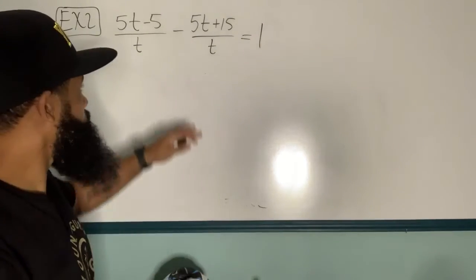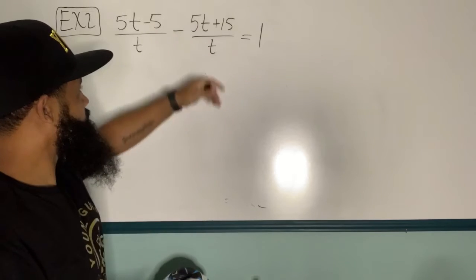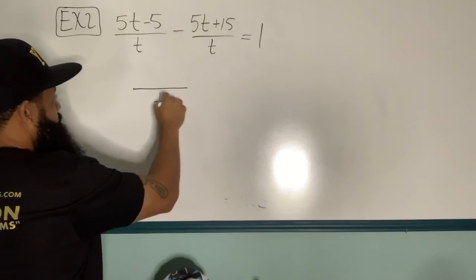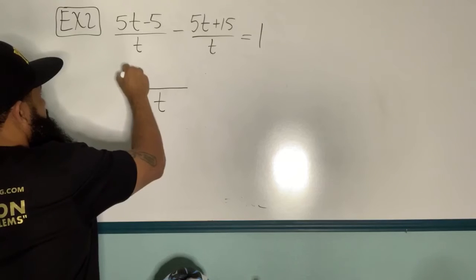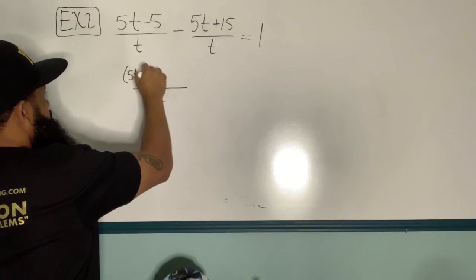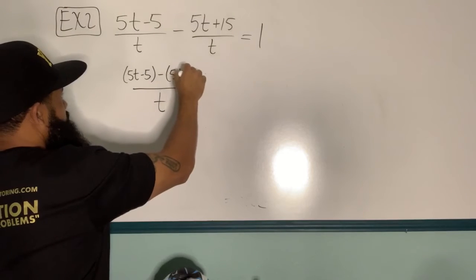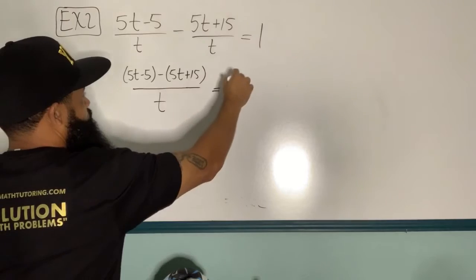All right, now notice these already have the same denominator, so we can go ahead and actually combine them. So I'm going to rewrite that like this. I'm going to put them over a common denominator of t, and then I'm just going to say 5t minus 5 minus 5t plus 15, and then that equals 1.